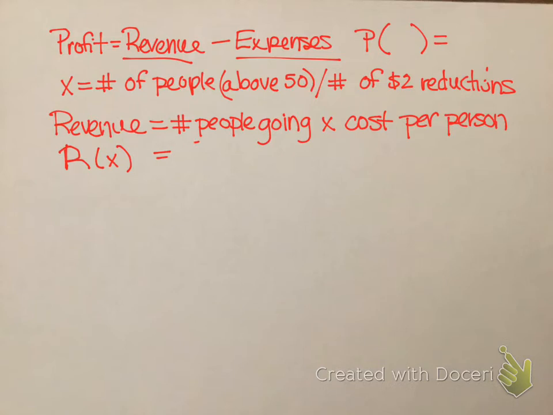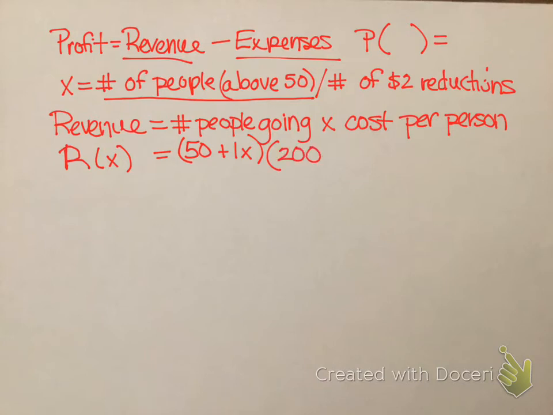The number of people going is 50 plus something, because you guys agree the minimum number of people that can go is 50. And then I could say that the number of people above 50 is x, or 1x, times the cost per person. Look back at the previous page.